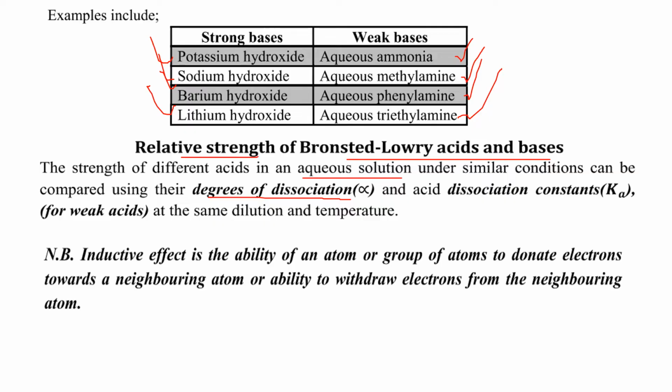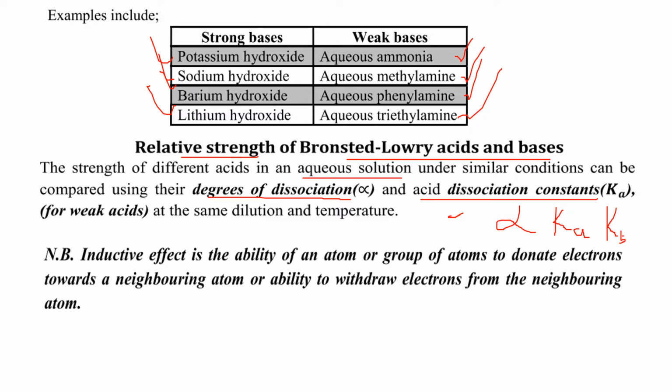Degree of dissociation is represented by alpha, as we looked at in chemical equilibria. And then the acid dissociation constant is written as capital K with a subscript A, and the base dissociation constant is written as capital K with a subscript B.